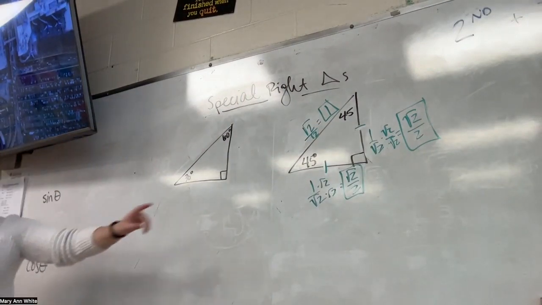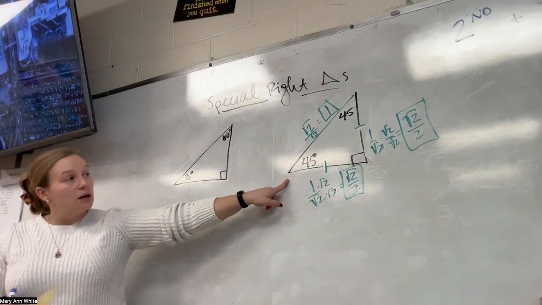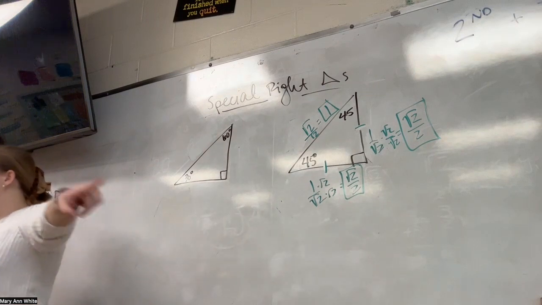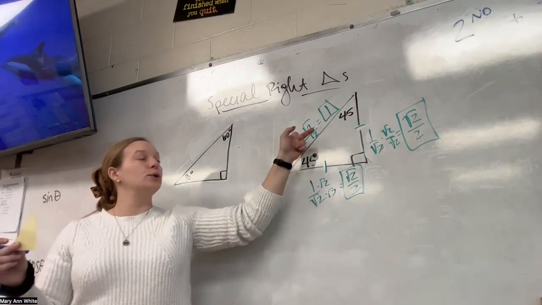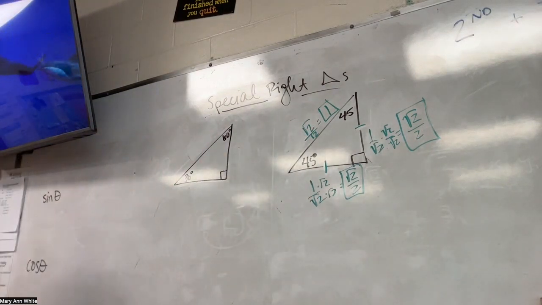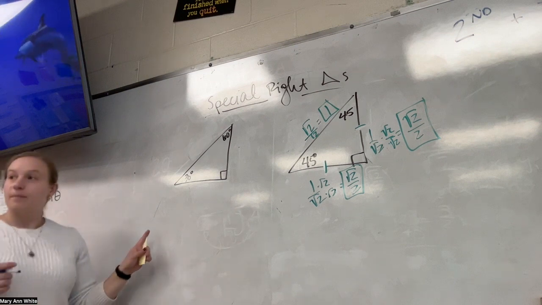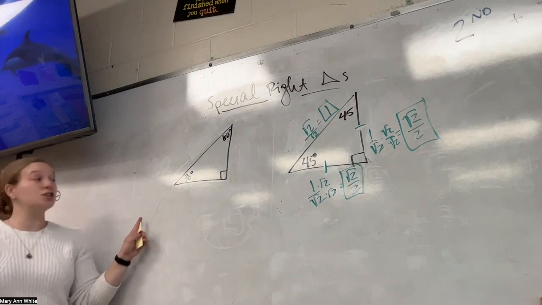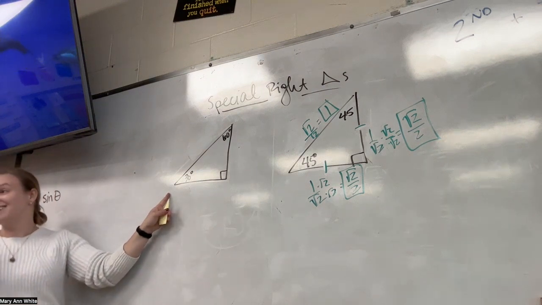Okay, I know we kind of talked through our 45, 45, 90. We had them labeled 1, 1, and root 2. Does anyone remember what we labeled the 30, 60, 90 triangle sides? I'm asking you to go back to the depths of your memory. One of them is 2. Do you remember which one's 2?